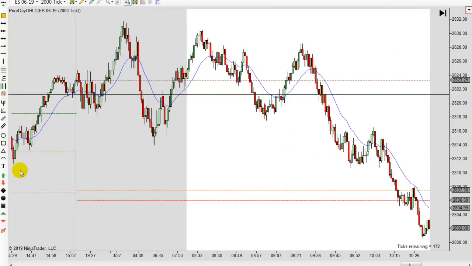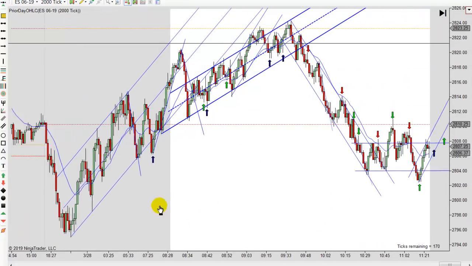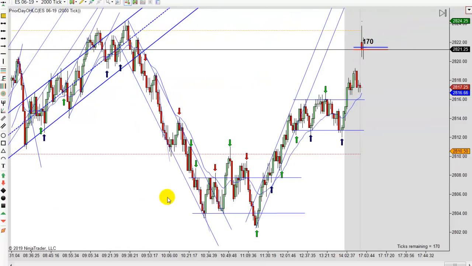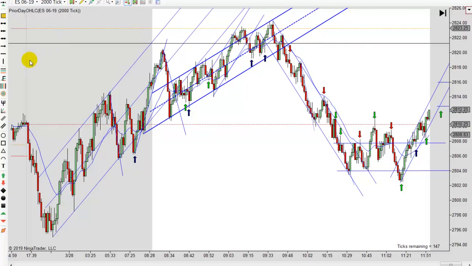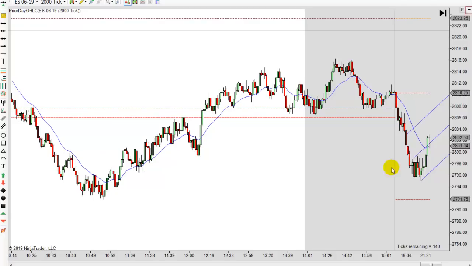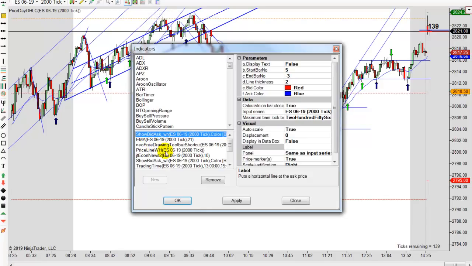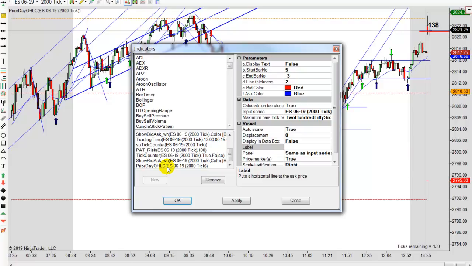So this day's is actually coming from somewhere over there. So it won't look right until you put it on there at the start of the trading day. You can see this is probably some kind of high from the previous day. But anyway, if you put it on there first thing in the morning, it'll make more sense. It shows you the previous day's open, high, low, and close.